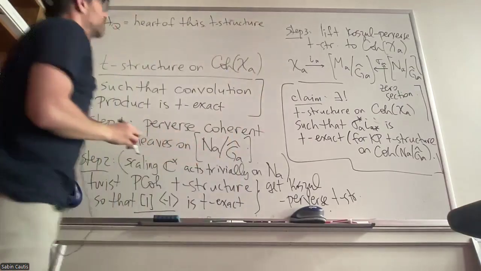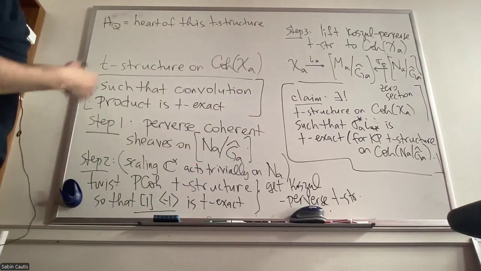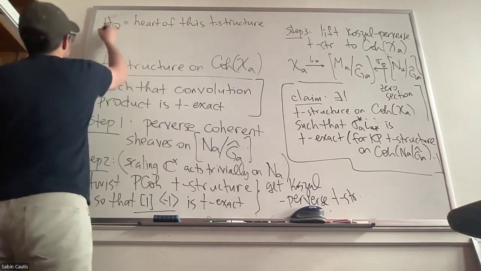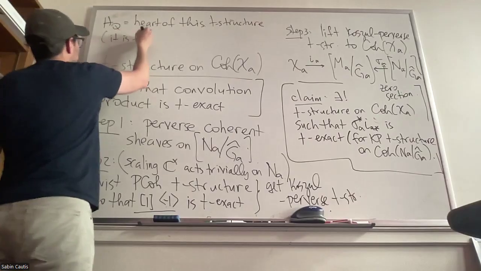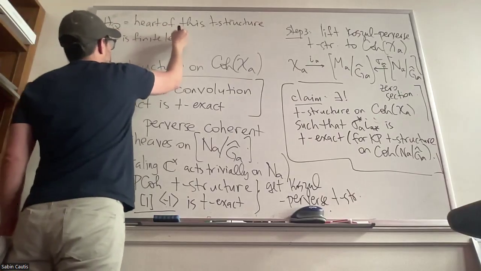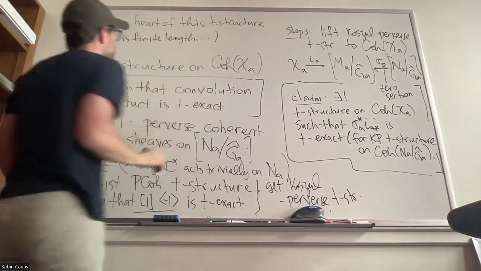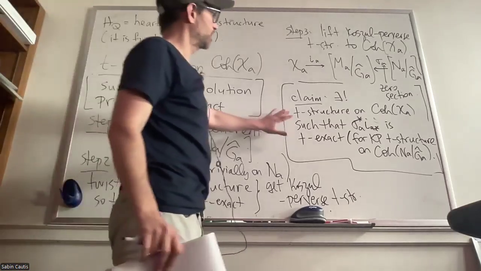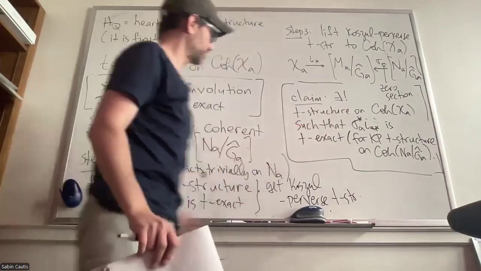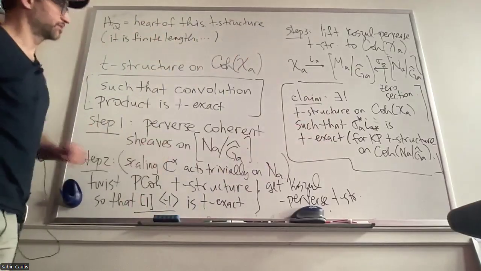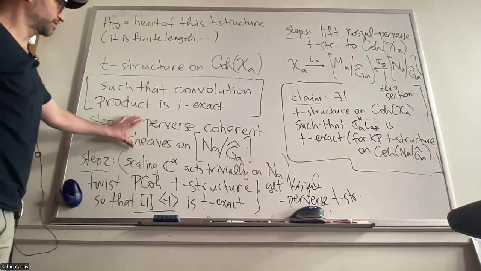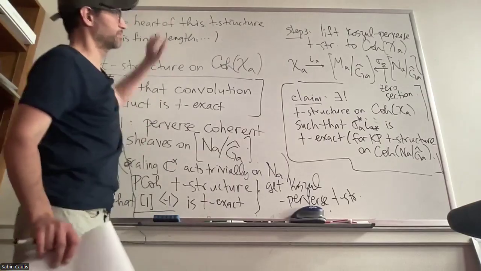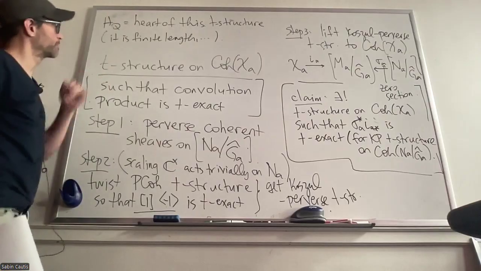And as you asked earlier, it has many of the properties that you would like, such that it is finite length in particular, and many other properties. But the point is that many of these properties are formal consequences via this lift of the corresponding properties that this category has. So it will turn out that this category is finite length, and as a consequence, so will this one.